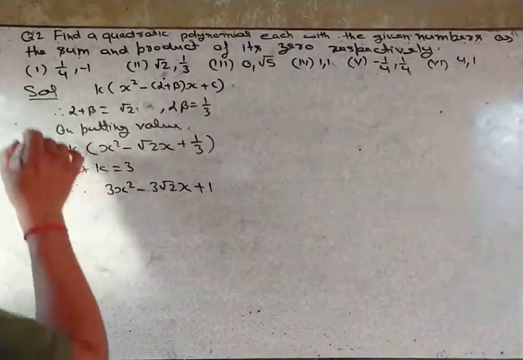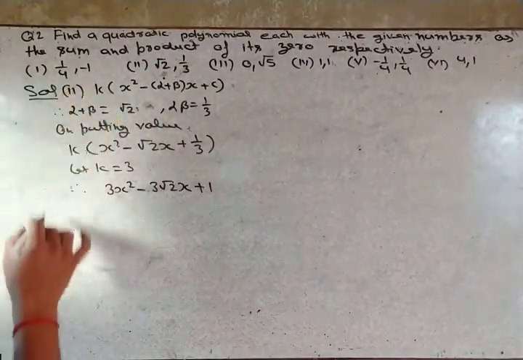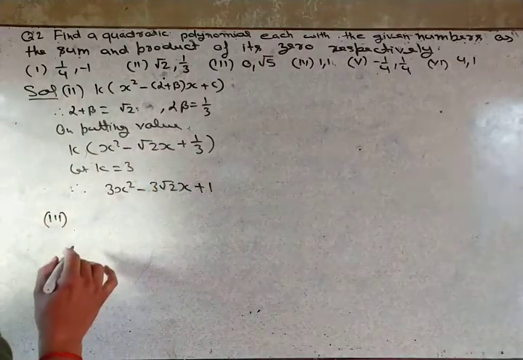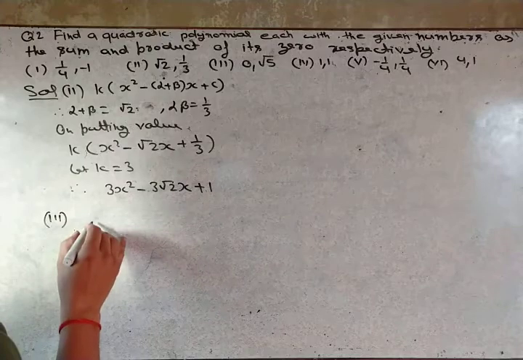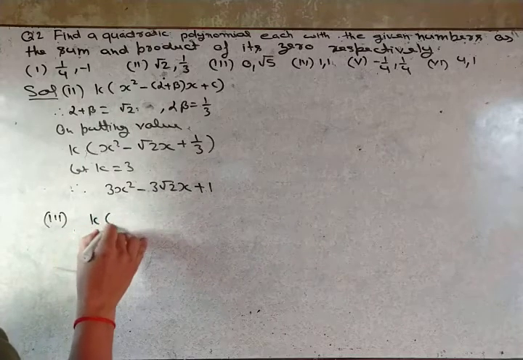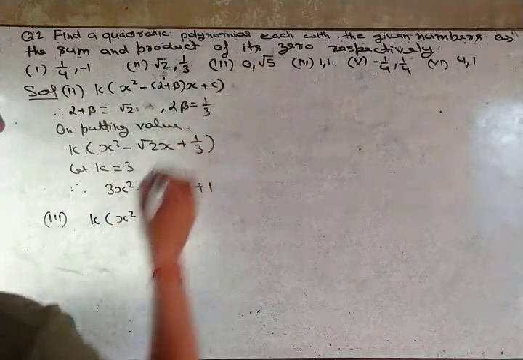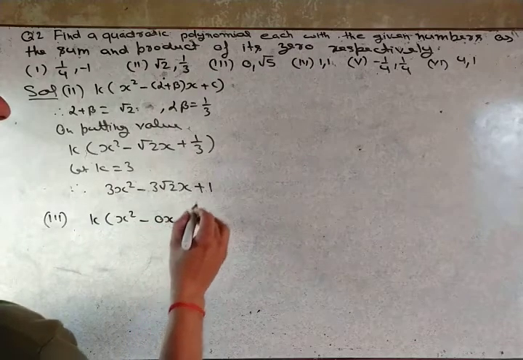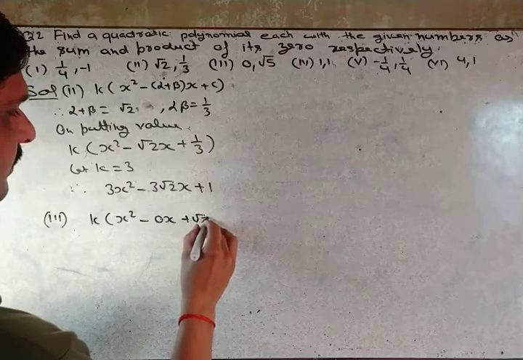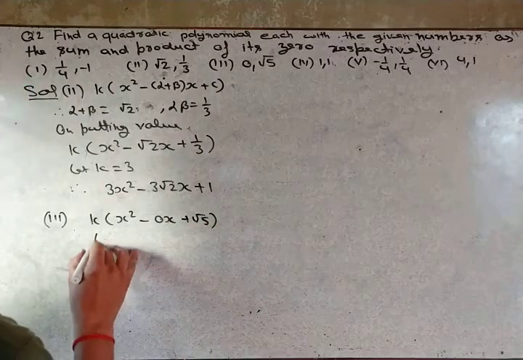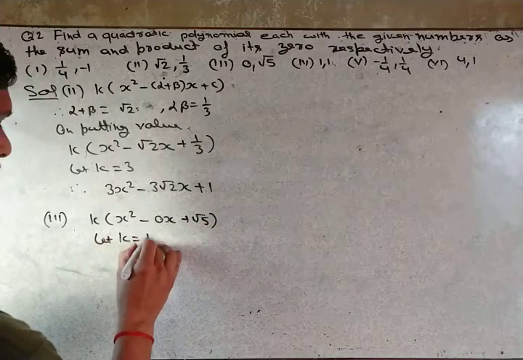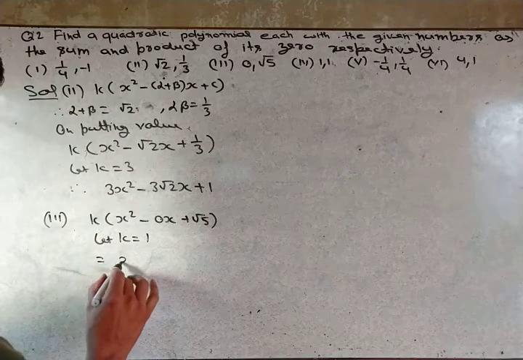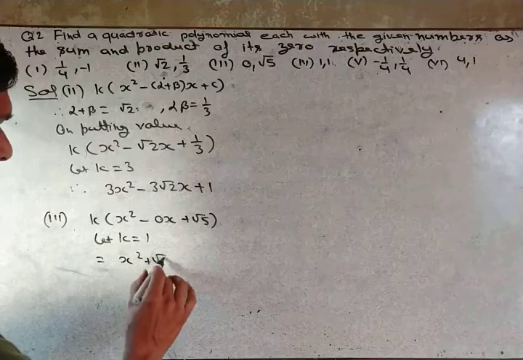Now this is the second. Third one is alpha plus beta is 0, so I am doing directly k x square, that is 0x and root 5. Let k be equal to 1. The polynomial is therefore x square plus root 5.